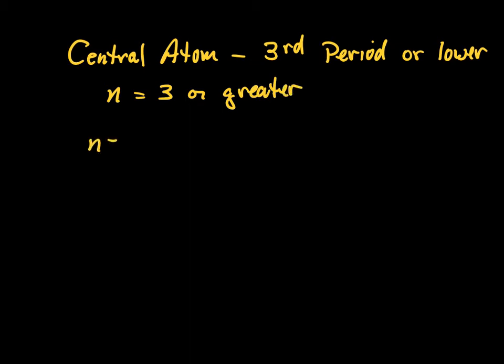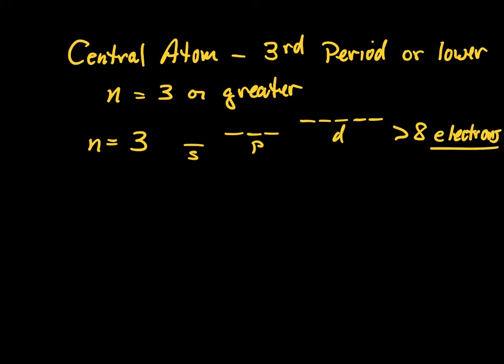Because if N equals 3, then we have S's, we have P's, and we have d orbitals. So we have space around that atom for more than 8 electrons. So in order to have a hypervalent species, the central atom has to be in the third period or lower, because we need that d space.